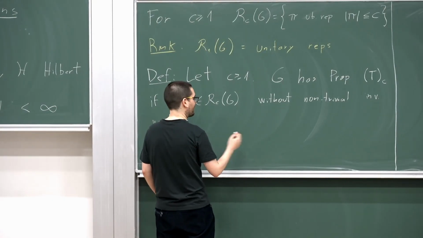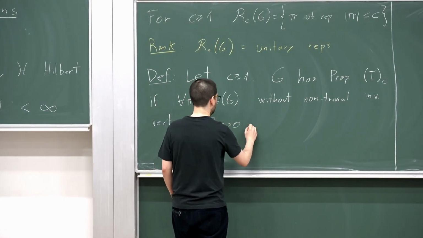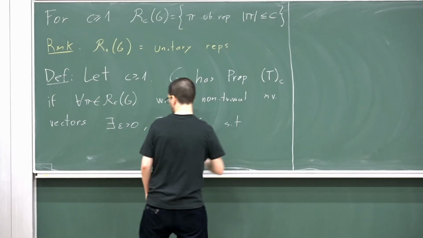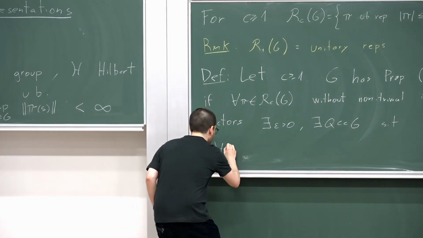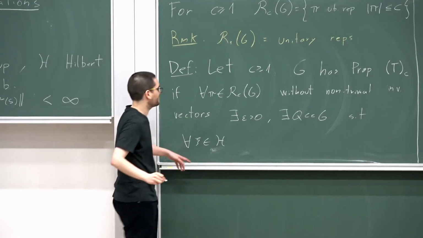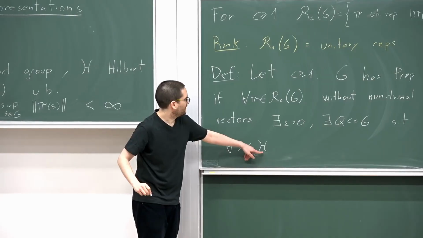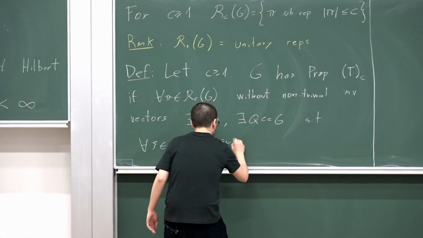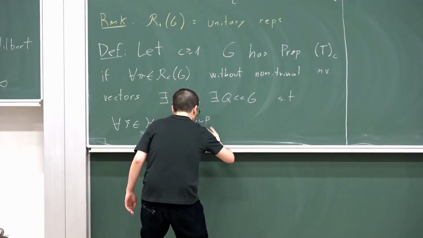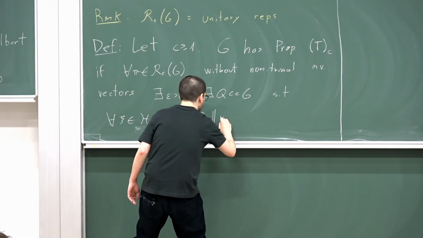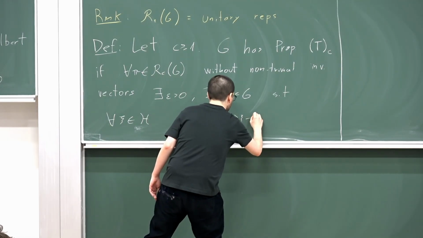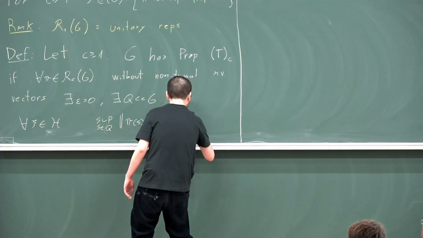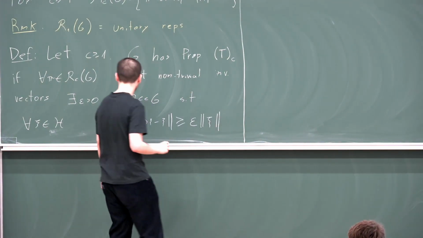There exists epsilon and there exists a compact subset Q of G such that for every psi in my Hilbert space, the Hilbert space associated to this representation, the supremum over s in Q of this difference is bounded below by epsilon times the norm of psi.